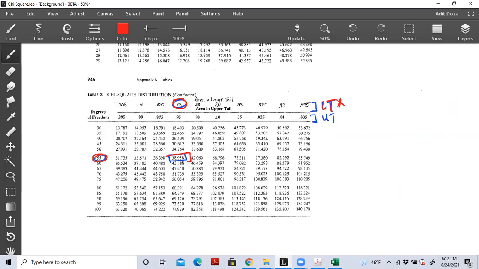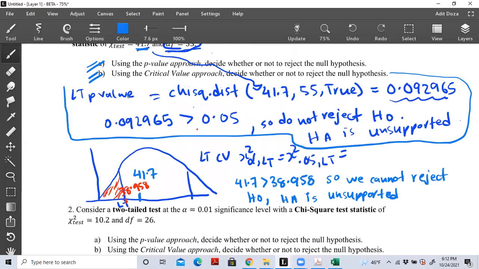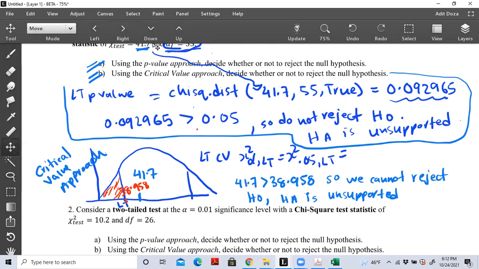And then you find it. So in the exam, you should have the chi-square table to solve using the critical value approach. Okay, very straightforward. No students came. Okay, no worries.